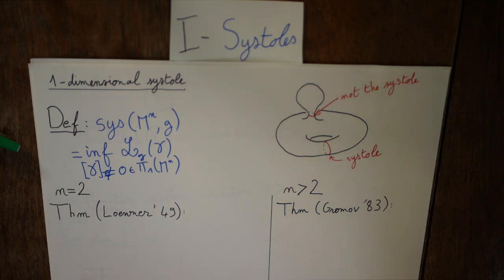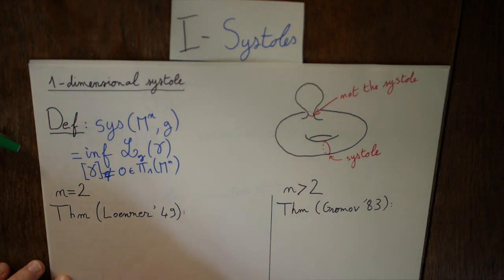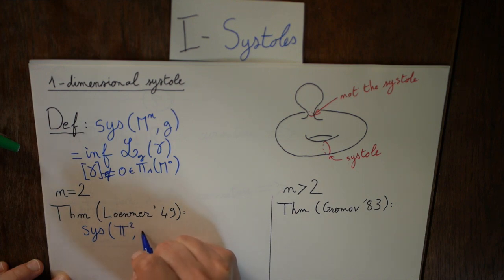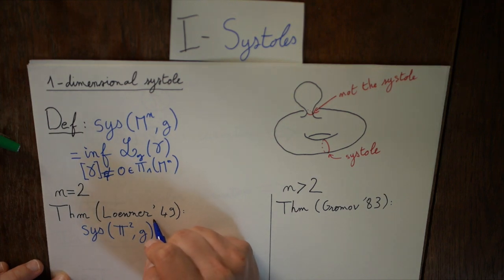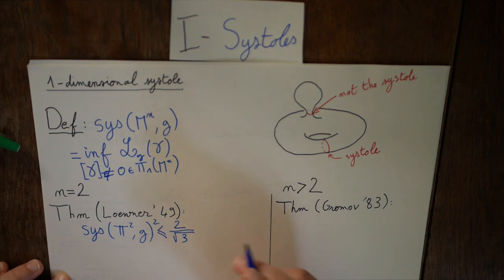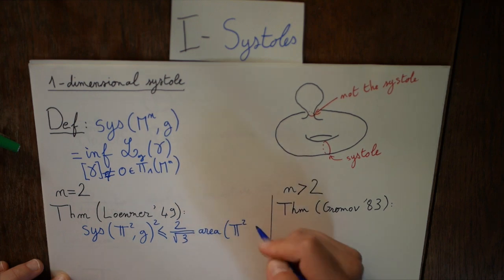As I said, Loewner was the first to prove one, in an unpublished paper in 1949. It says the following thing. The systole of any Riemannian metric on the torus, if you square it to get something which has the dimension of an area, is less than or equal to 2 over square root of 3 times the area of our torus.